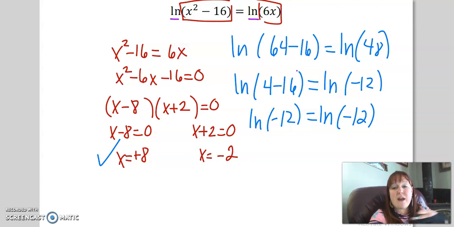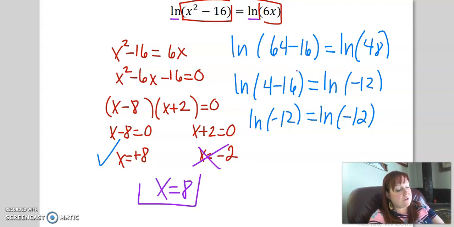And there's never, ever, ever any exponent in the whole wide world that if I put it on a base, I'm going to get out a negative number. There's no such thing. Arguments can't be negative, so this is an extraneous solution and it is not the solution. x equals 8 is our only solution for this.